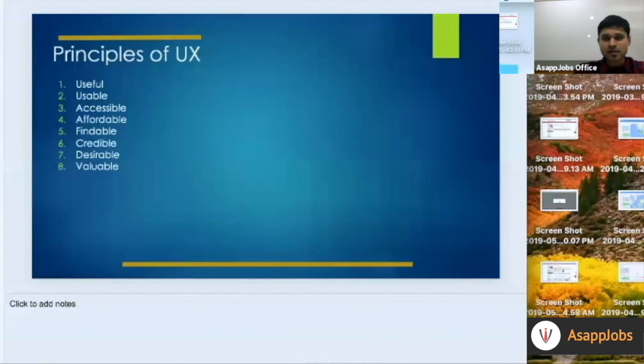So these are some of the parameters which you can use to build a good UX, and also to evaluate products, right? So in interviews, such a question could be asked: how would you evaluate the UX of this particular product? These are the 8 parameters on which you can judge that product.